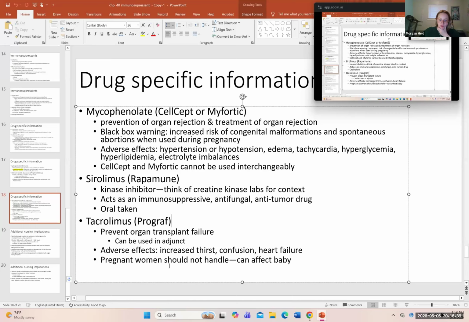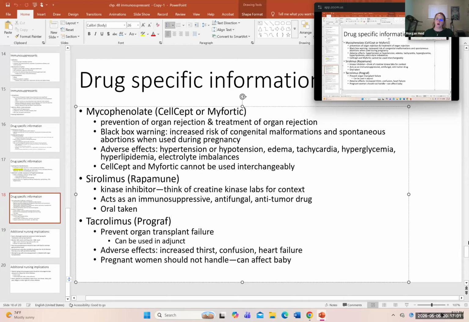This one right here, if you are pregnant, you should not be handling the medication. That means if you're a nurse and you're pregnant and you have a patient that's getting this medication, you probably shouldn't be handling it, or you should be wearing like two pairs of gloves, because you can get secondary exposure that could hurt your baby.